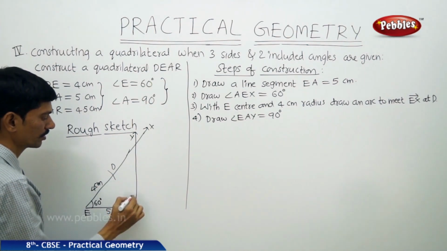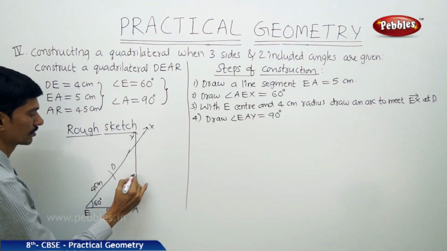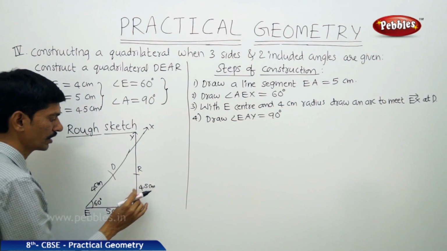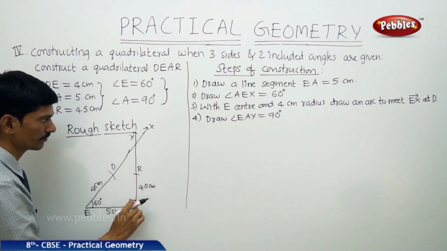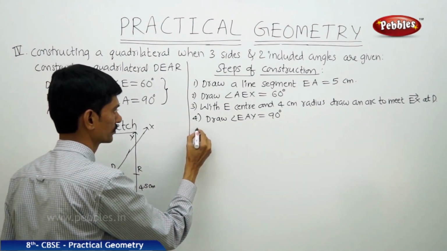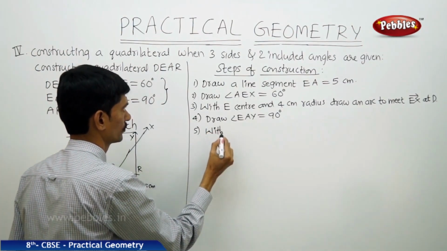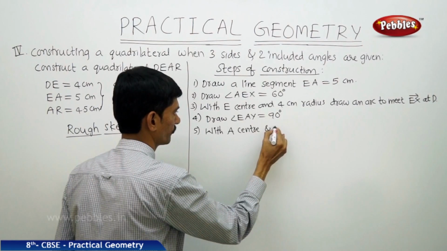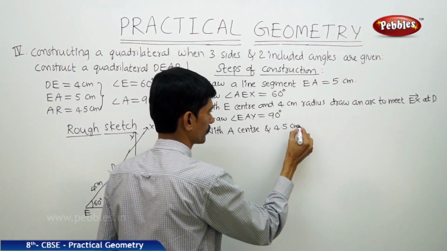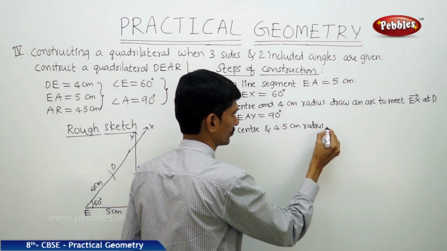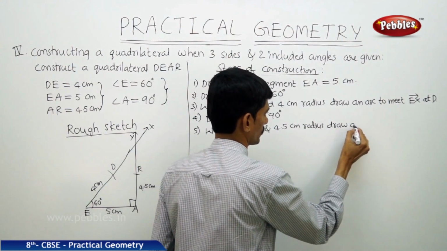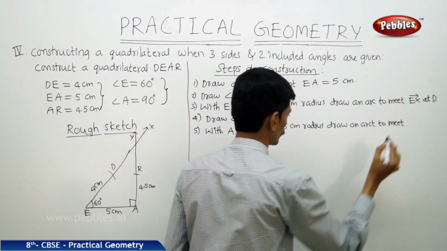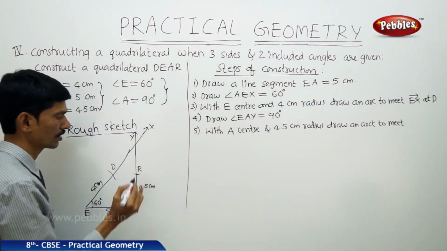Draw an arc to cut off AY ray at R. With A center and 4.5 centimeters radius, draw an arc to meet AY ray at R.